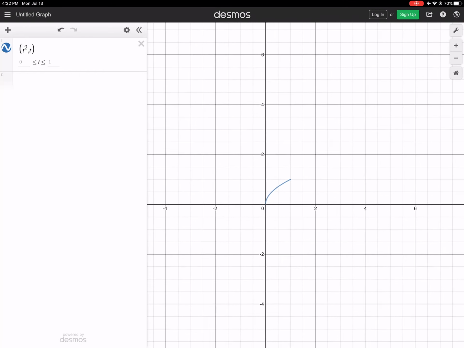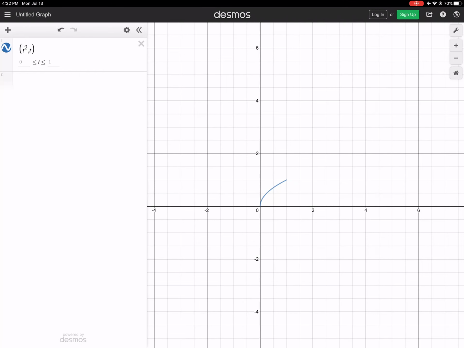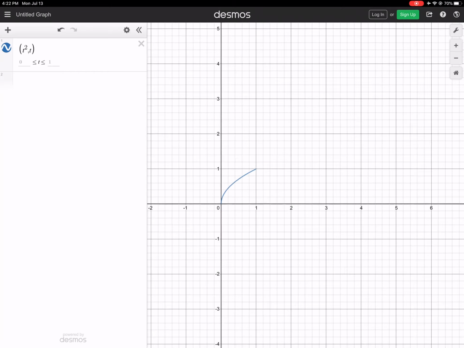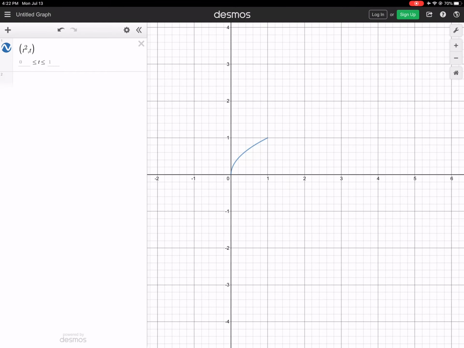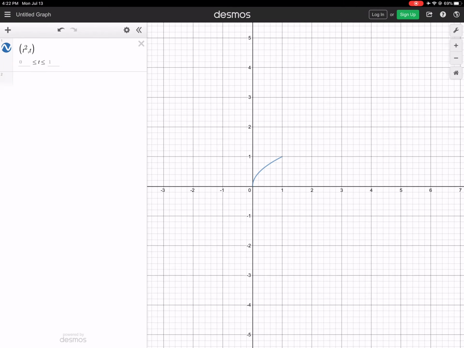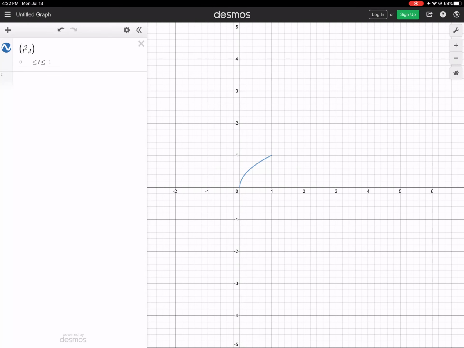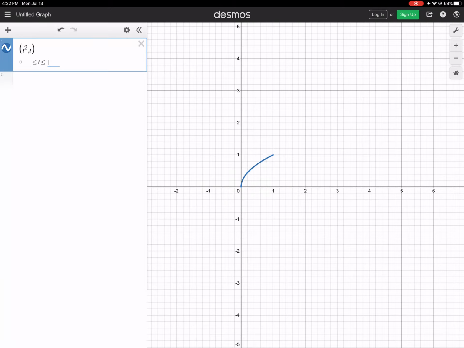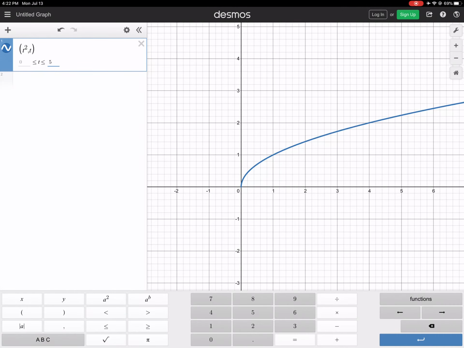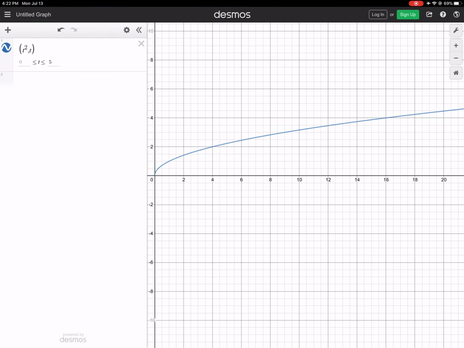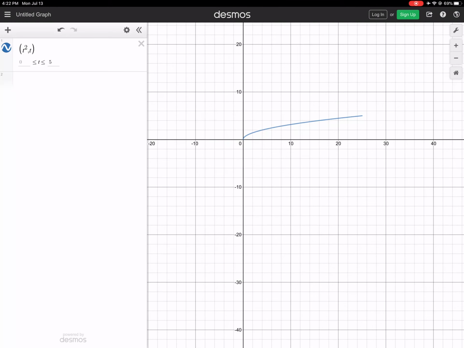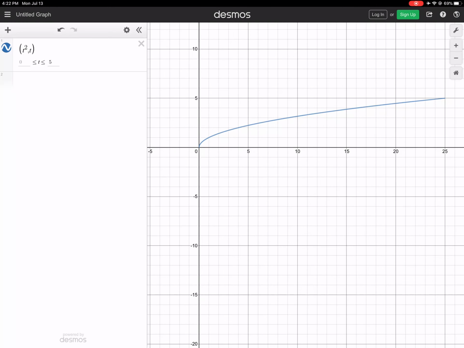Basically, x is climbing at the rate of t squared, and y is climbing at the rate of t. So we have a variance because of those rates, and we get that squared term. We can, of course, go out to 5, and you can see that we just basically have the square root function right there. The inverse of the squared function.